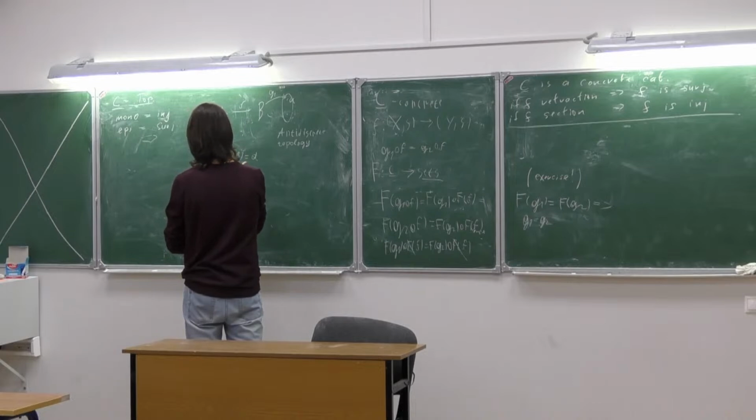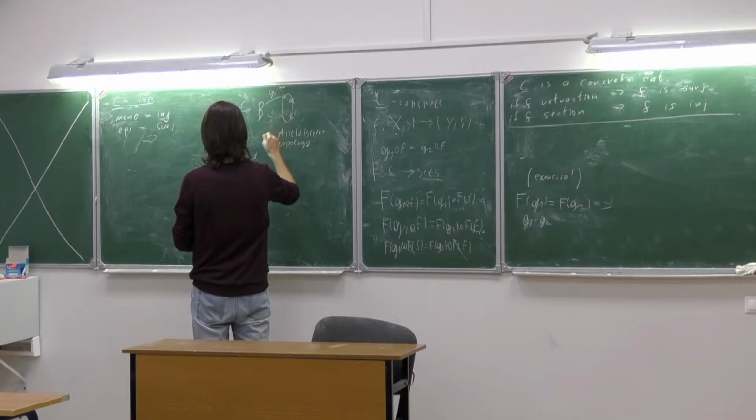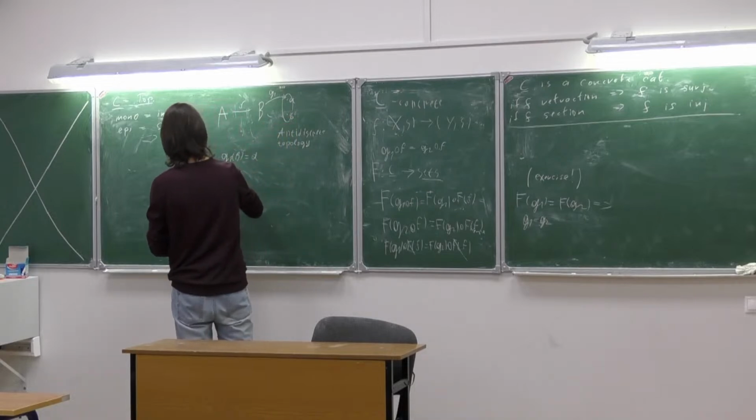Our map can send the image of A and B to a, and our B, like G2.